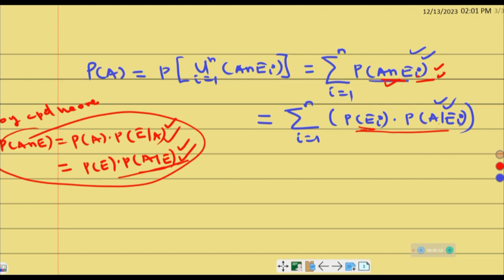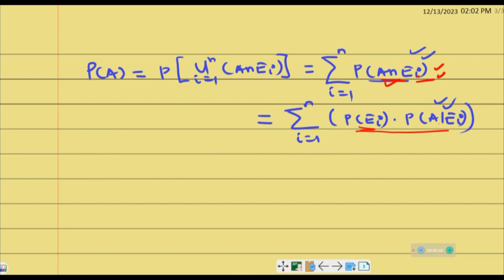So that's why we are able to come to this. Now, from here, we have the probability of A as that.